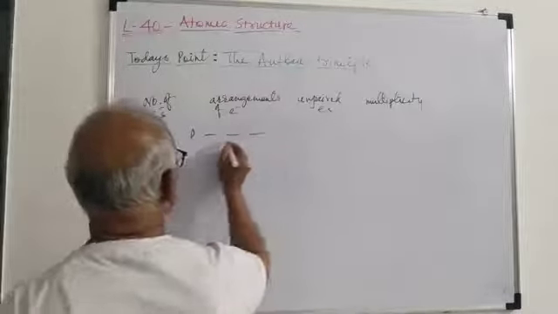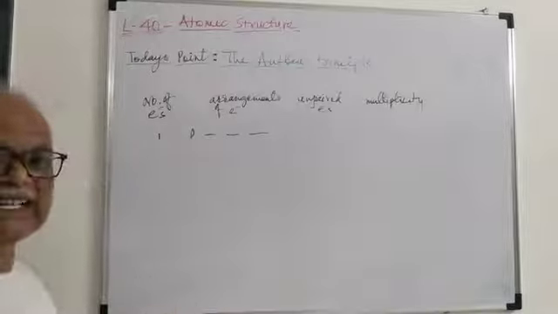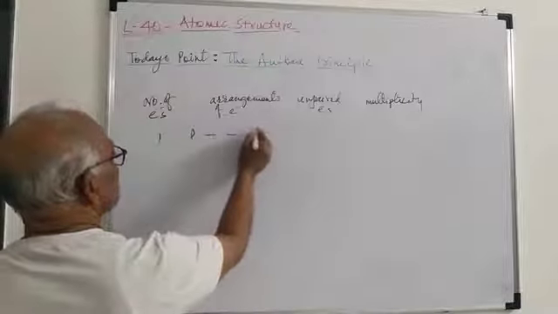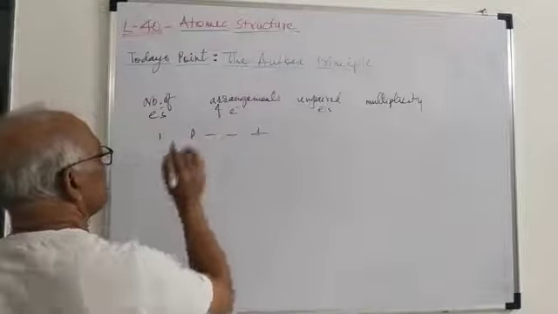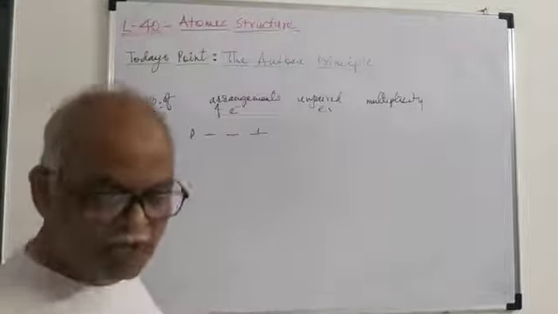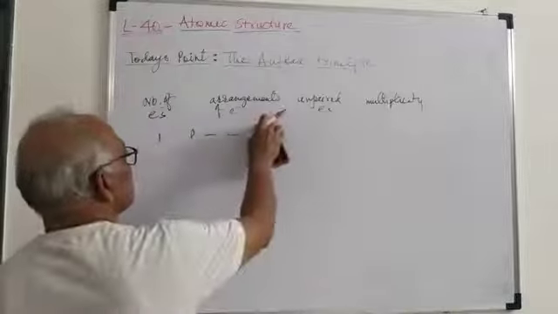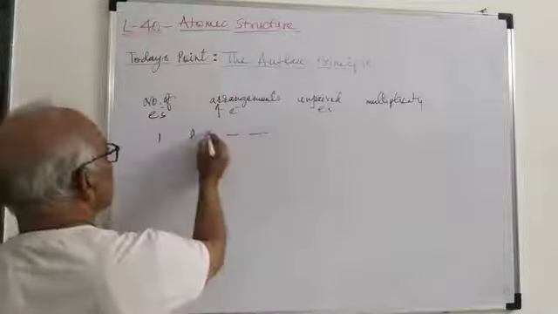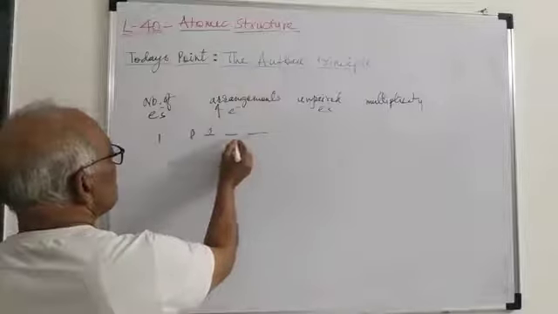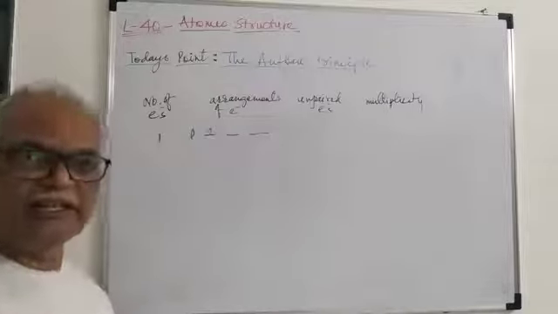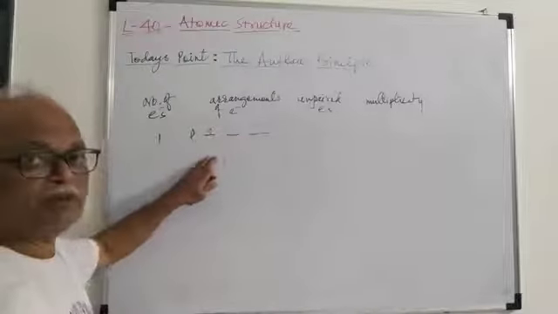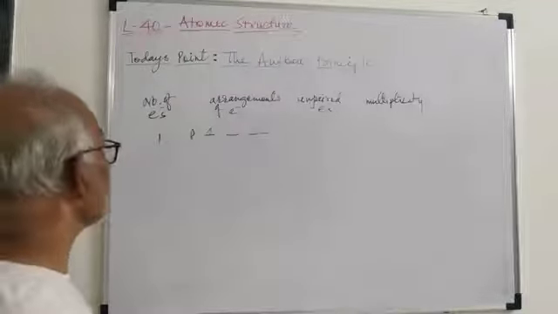Out of these 3, any orbital can hold this available electron. We can show this electron either here or here or here, anywhere. But for our regular consideration, we are choosing the first atomic orbital. All these 3 are equivalent in energy, that is degenerate. So we can place this electron in any of these 3 available atomic orbitals.